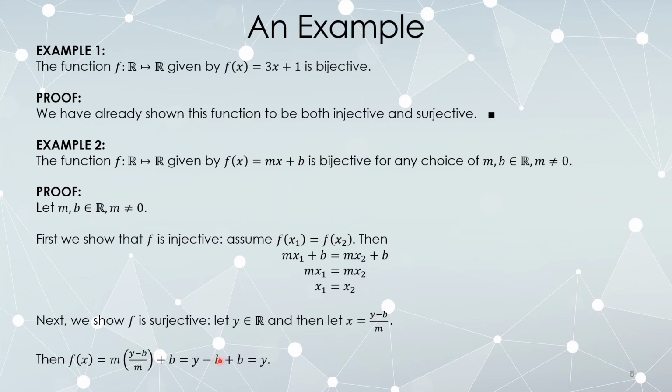The m's cancel, then the b's cancel, so f of x equals y. So for an arbitrary element of the codomain, we picked one specific element of the domain that solved f of x equals y, therefore the function is surjective. Since we've shown it's injective and surjective, that's the definition of showing the function is bijective. So any linear function whose slope is not 0 is bijective, as a function from the reals to the reals.